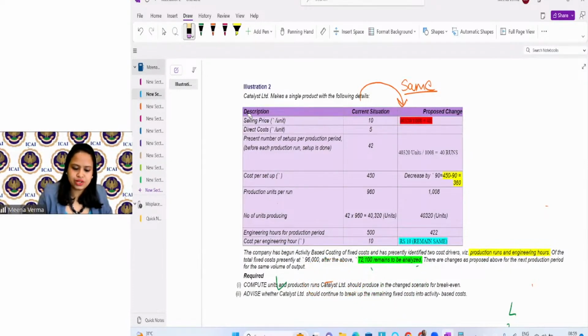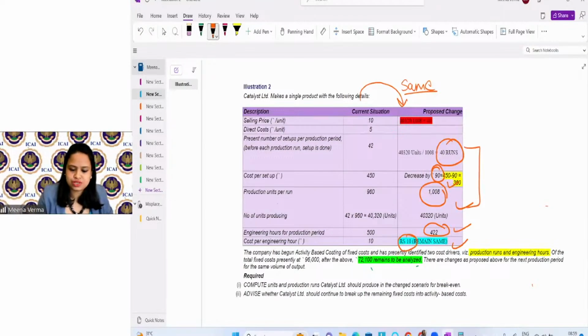Acha, what else do we need? We need the engineering cost, and the engineering cost is already given. This is the number of hours for the engineering, and the engineering cost is given. You have calculated the number of runs and the units in one run, and you know the setup cost here.